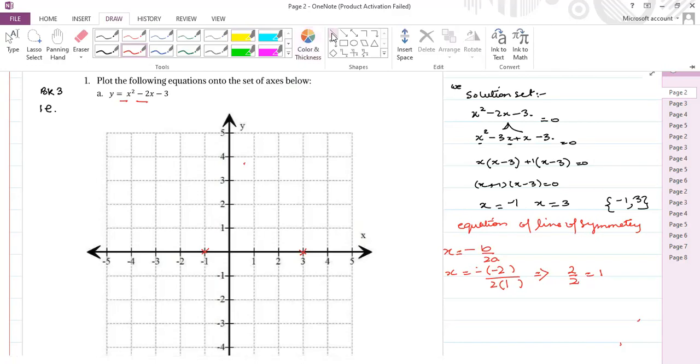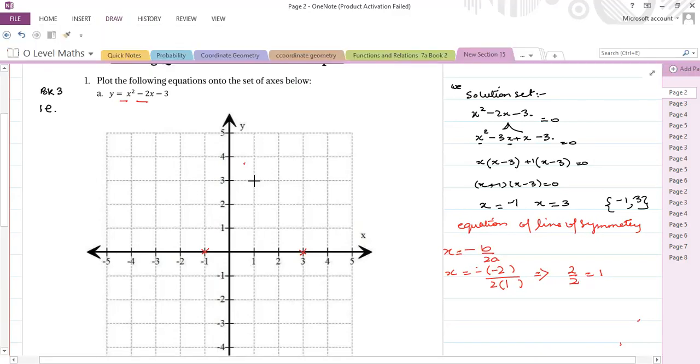We put a line here. This is our equation of the line of symmetry. We place it here.